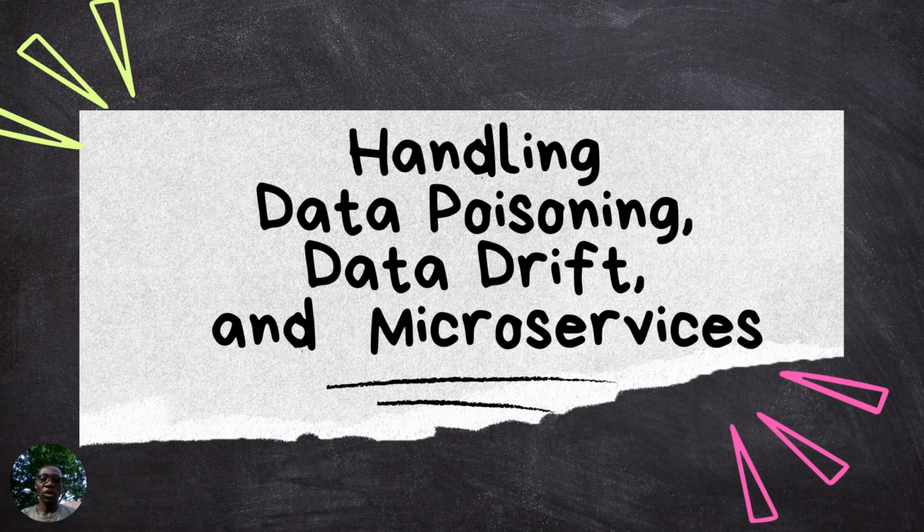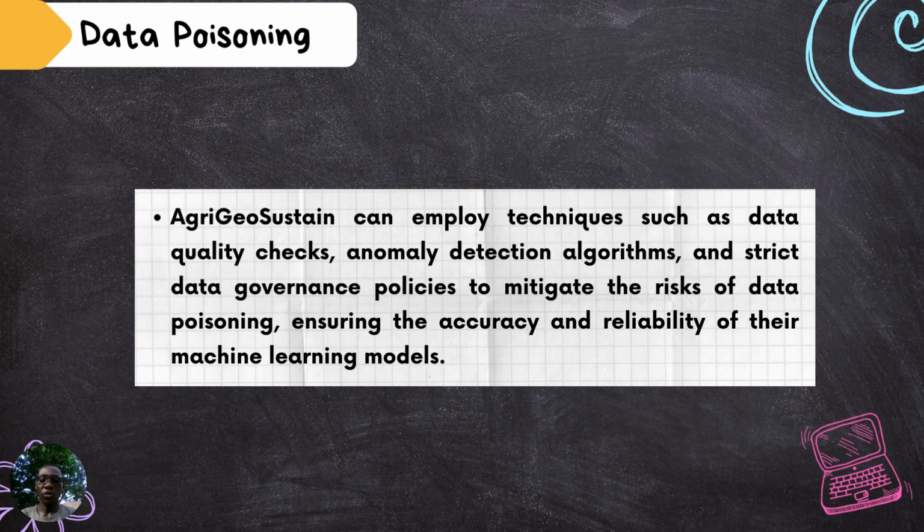If we continue, we look at handling data poisoning, data drifts, and then the microservices. Let's break them down, starting with data poisoning. What is data poisoning? With our machine learning model, we employ techniques such as data quality checks, anomaly detection algorithms, and strict data governance policies to help mitigate the risks of data poisoning, thereby ensuring accuracy and reliability of the machine learning model.